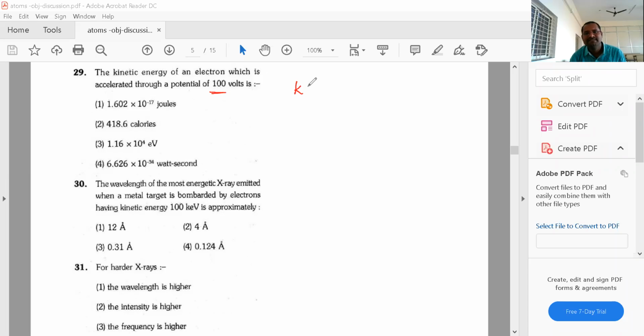You know kinetic energy KE is equal to electron charge into voltage, which is 100 volt, so it is 100 electron volt. But the options here are not given in electron volt, so it is in joules or calories.